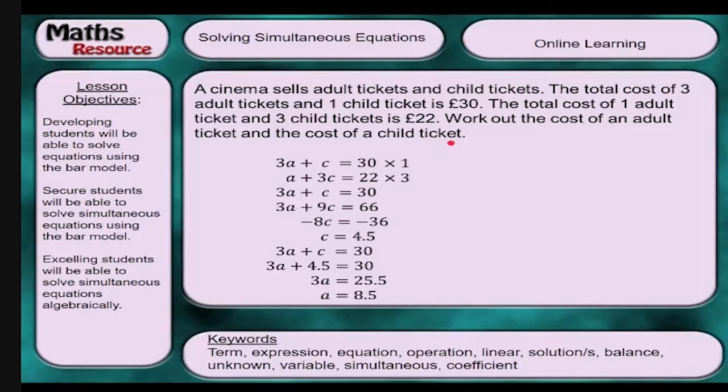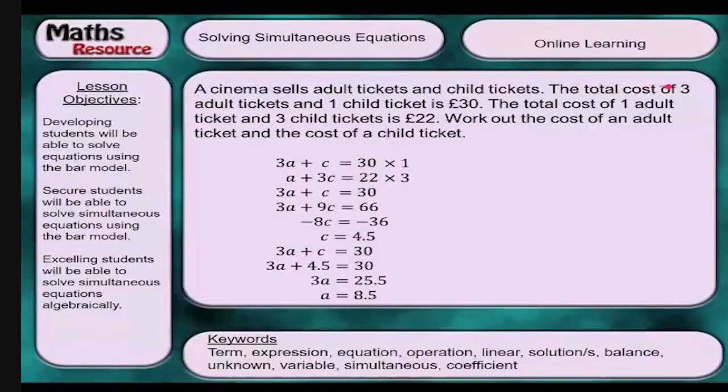So the first thing is I'm going to write these out as equations. So we've got adult tickets and child tickets. I'm going to call adult tickets A for adult and child tickets C for child.